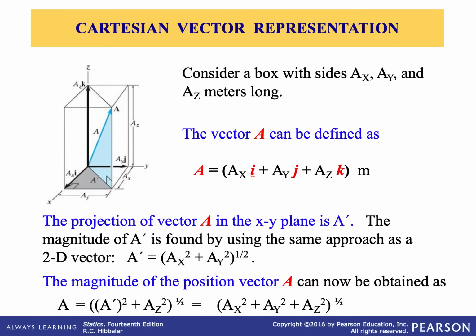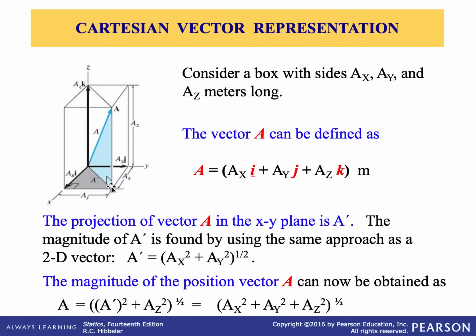We're going to do a lot of examples about this, and we'll do a couple of exercises in class to clarify this concept. Once you have the components Ax, Ay, and Az, we can then find the magnitude of the vector using the Pythagorean theorem.